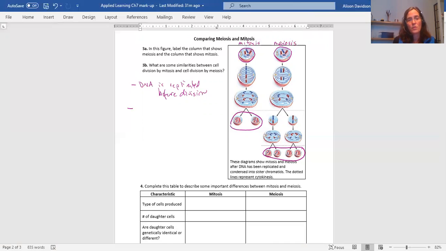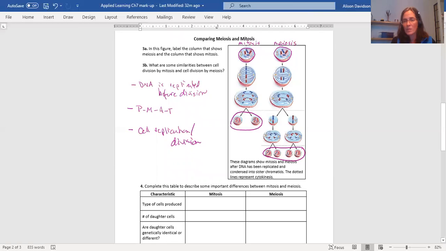Both sets go through the familiar prophase, metaphase, anaphase, telophase stages. Just in meiosis, it goes through those stages twice. You're also seeing a process of cell replication or division. And there are other answers as well, but these are the typical ones that we see from students.